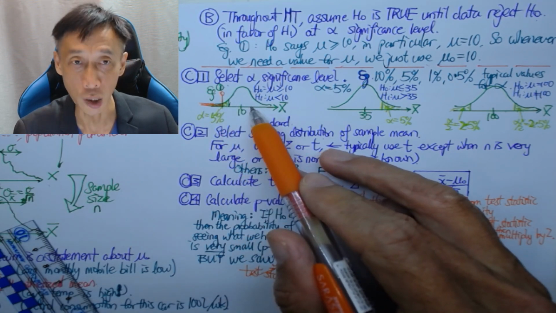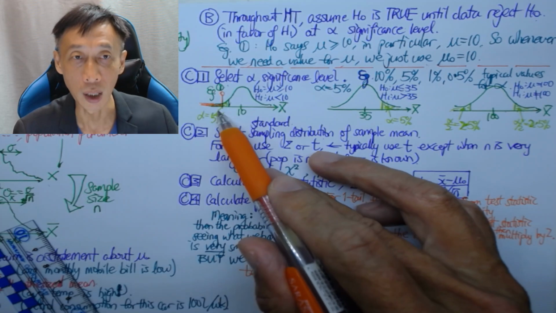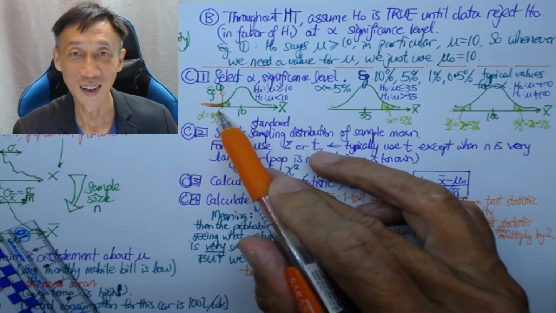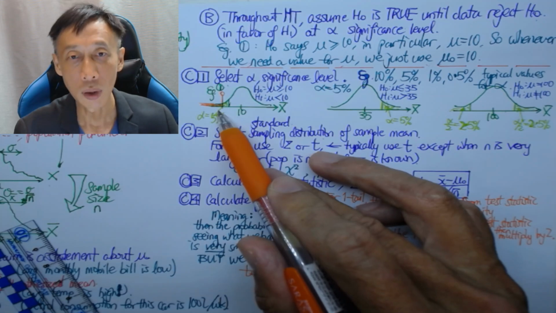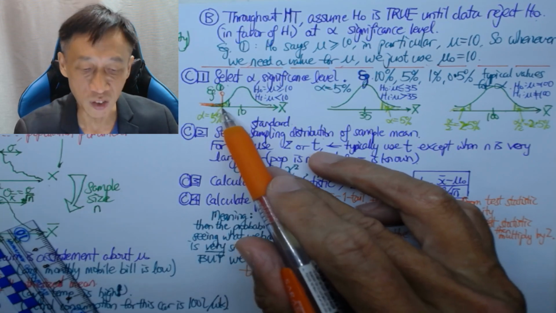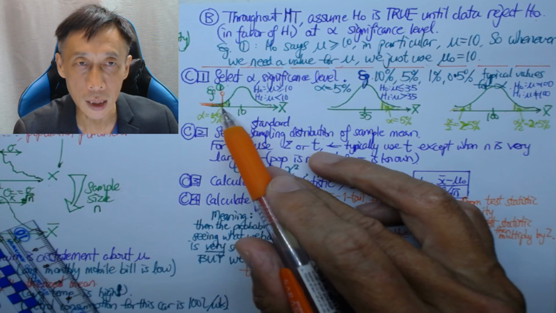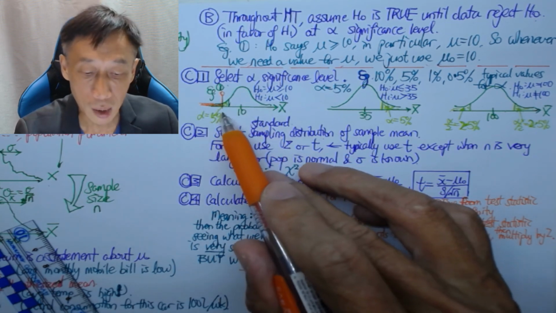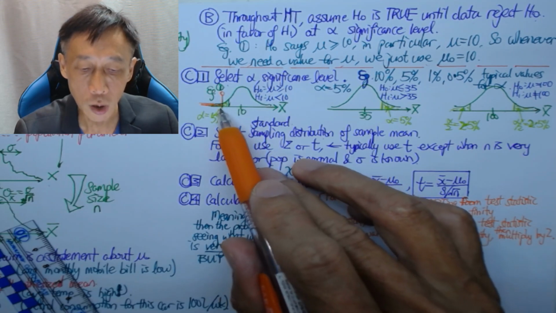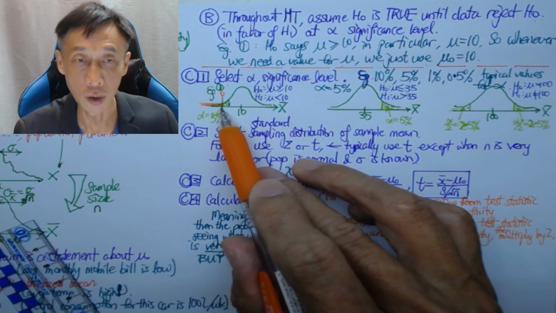Now you understand the logic, huh? If I assume you are right, then we are seeing something weird. We are observing the impossible. The only way out is that no, what we are observing is very commonplace, but our assumption that you are right is wrong. So maybe the population mean bill should be $5.